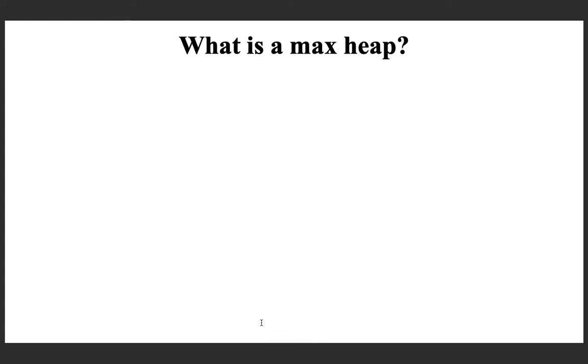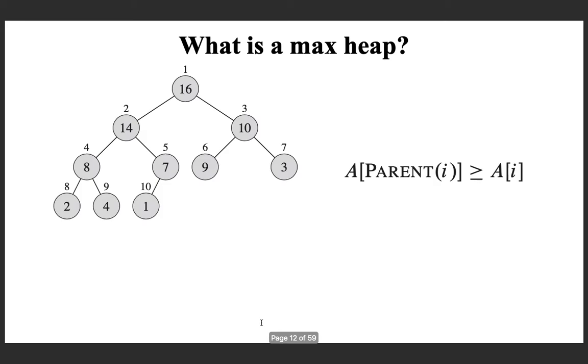With this, now we can define what a max heap is. Here is an example, and this is the property that every node should satisfy. I am looking at the node at index i.